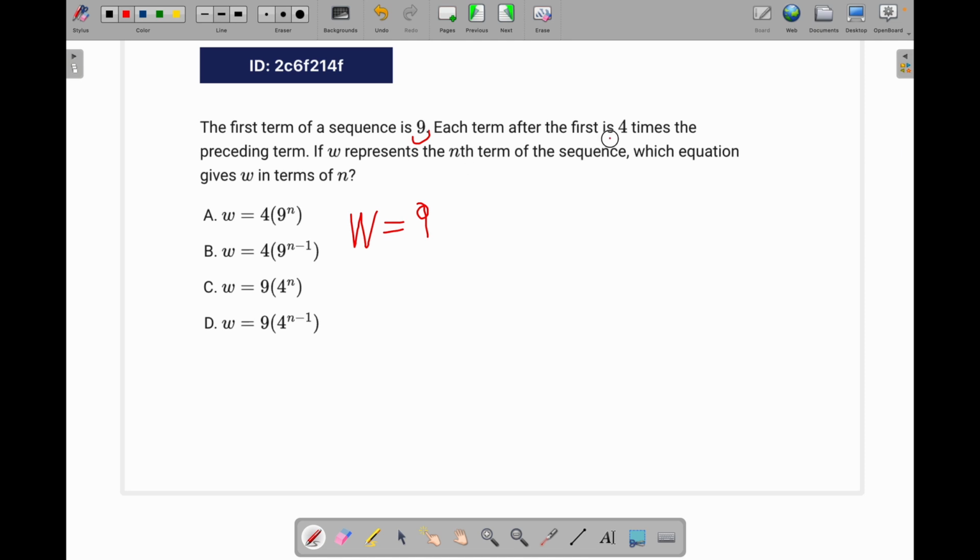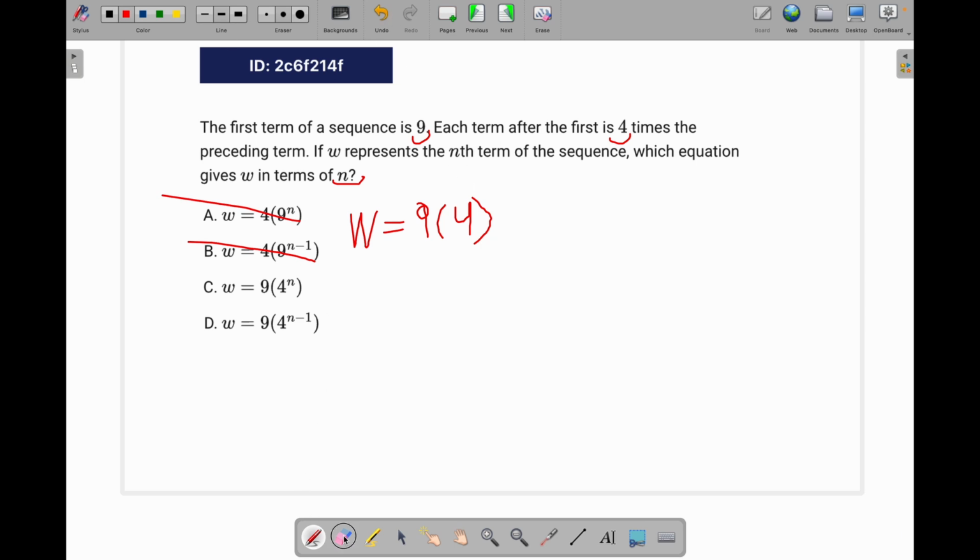So you're just multiplying this 9, but let's put the parentheses to visualize it better. 9 times 4. Now, once you get to here, we still have to add this n. Just by looking at that, you should get a out and you should get b out. Now we want to get this n involved.